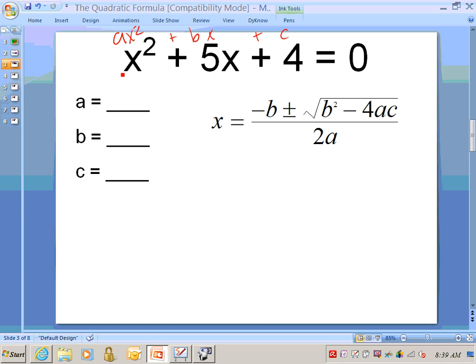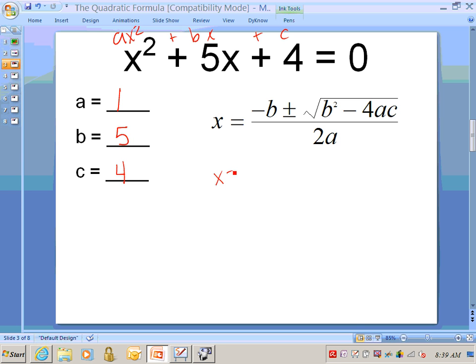So what was the value of a here? 1. What was the value of b? 5. And what is the value of c? 4. Good. Okay, so now all we have to do is fill it in.